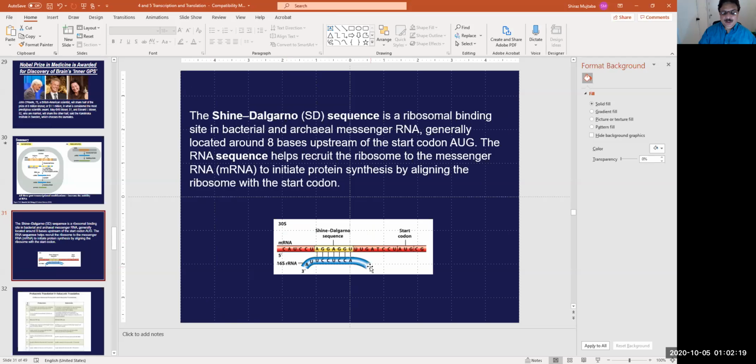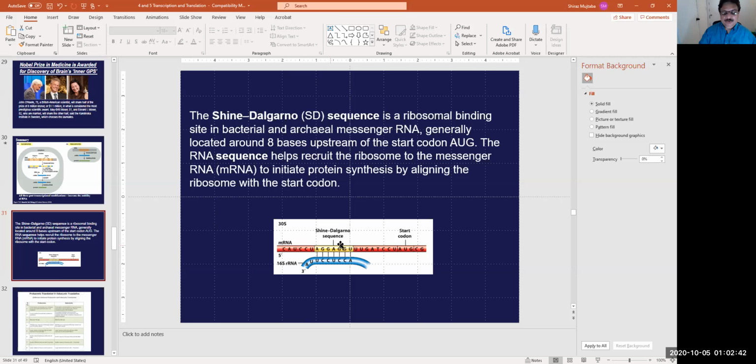Now in some bacteria, there is a special sequence called the Shine-Dalgarno sequence. The Shine-Dalgarno sequence helps the bacterial mRNA to attach through hydrogen bonds to the 16S ribosomal RNA.